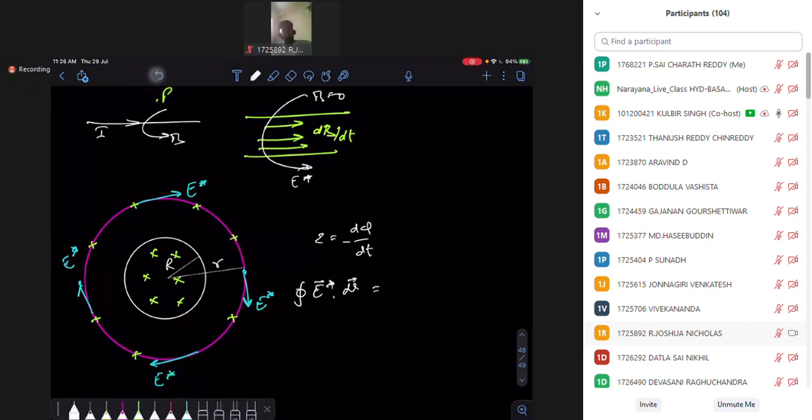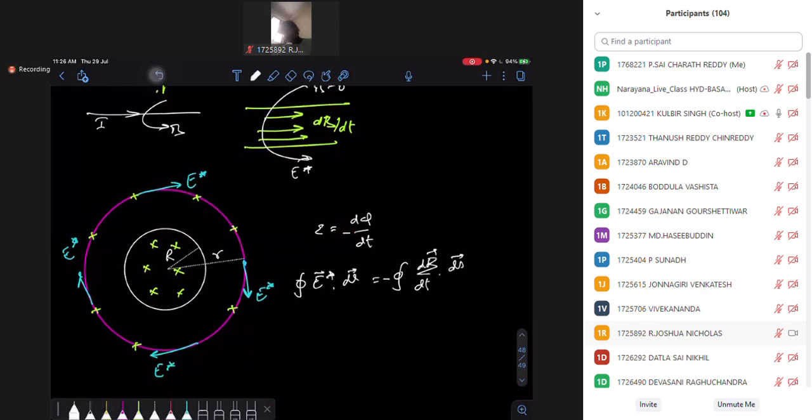The sign is going to give me this value: dB by dt times area, with a negative sign. So in this derivation of my E star, this negative sign plays a role. Along with the magnitude, the sign is also going to play an important role in giving the directions. E star is everywhere tangential.